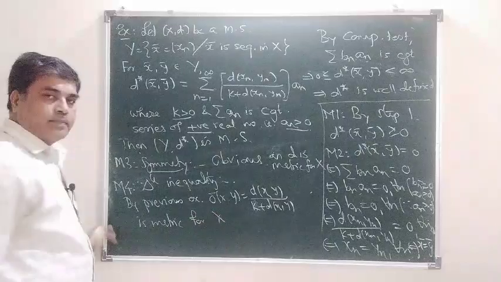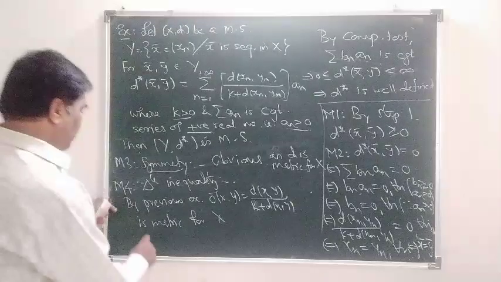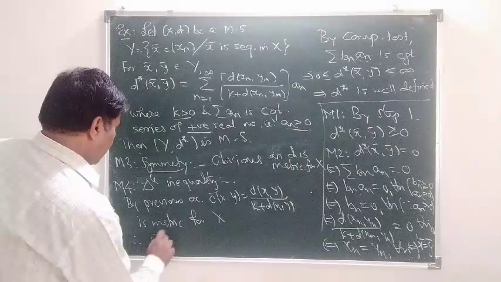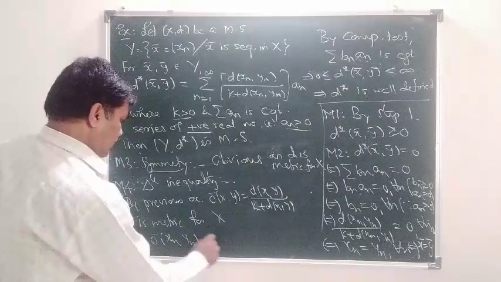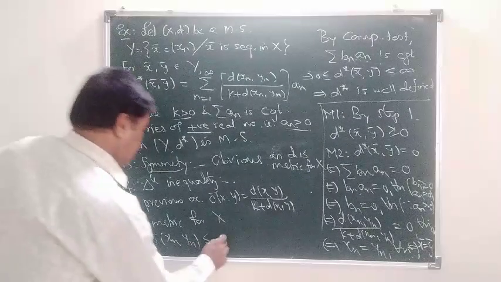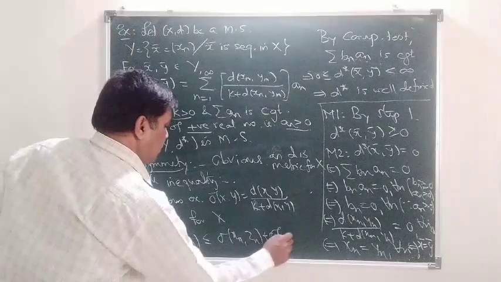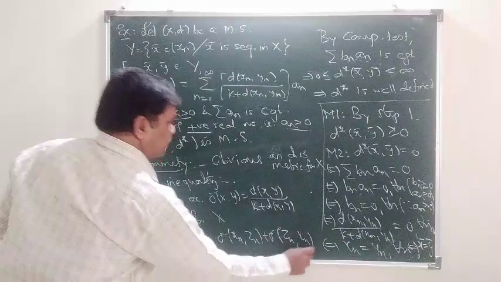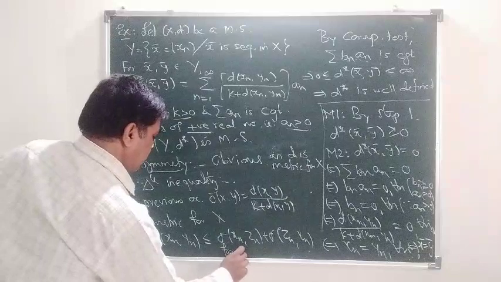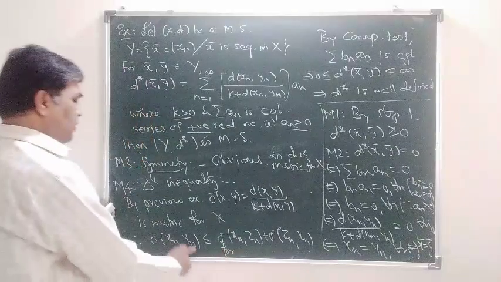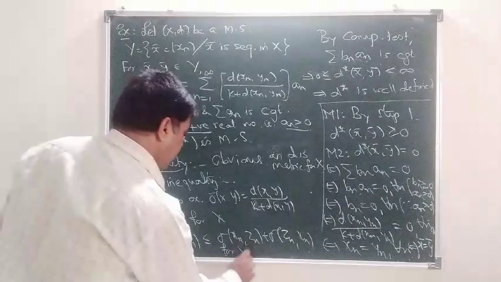for X, and therefore sigma of xn, yn is less equal to sigma of xn, zn plus sigma of zn, yn for xn, yn, zn lying in X, for all n.